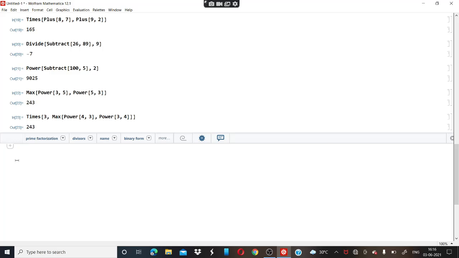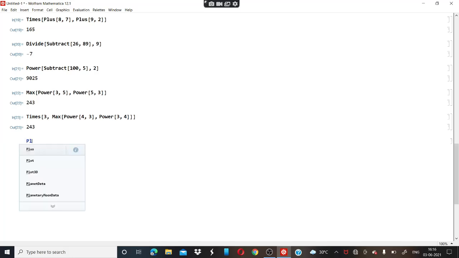Now the last question is: add two random integers each between 0 and 1000. For that we have to add two numbers. So we use plus, then bracket, and we want to add two random integers. So we give the function random integer from 0 to 1000.